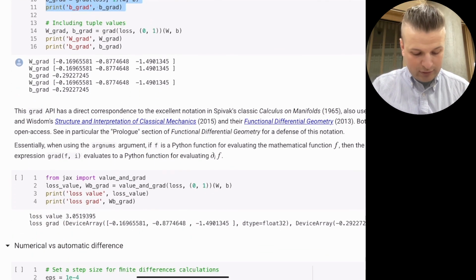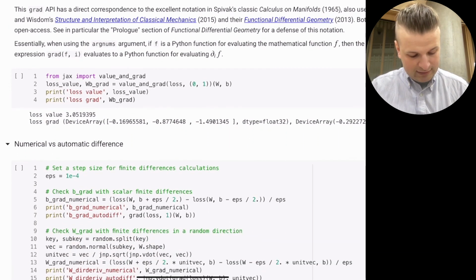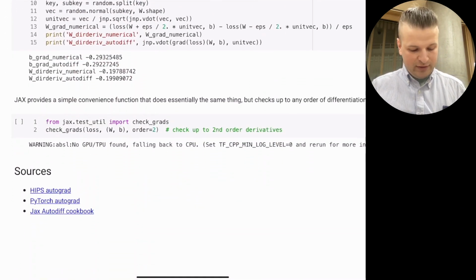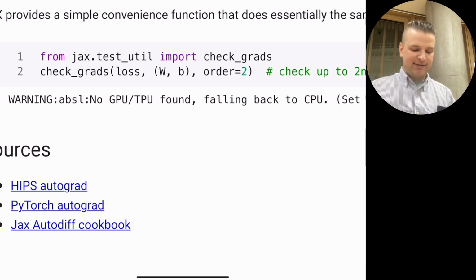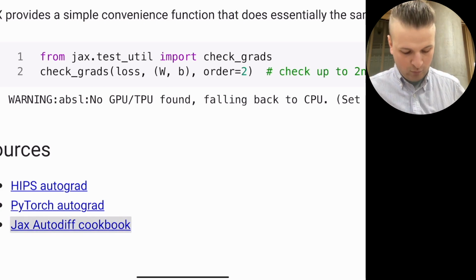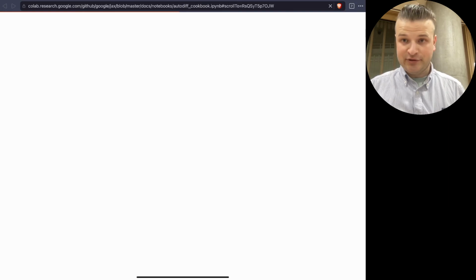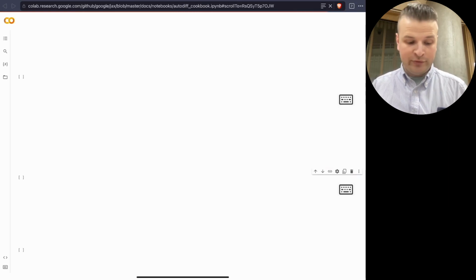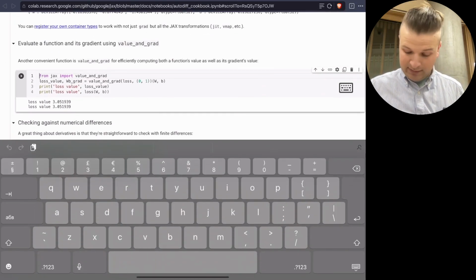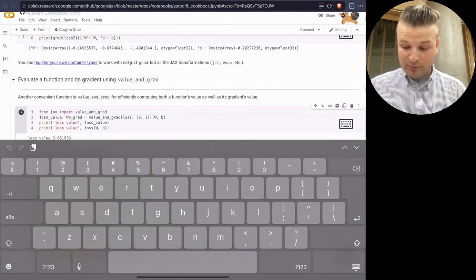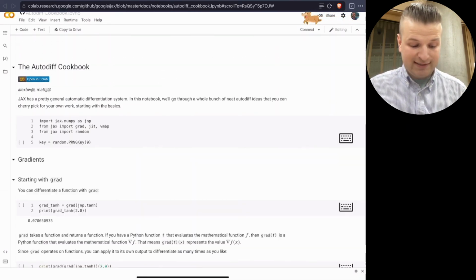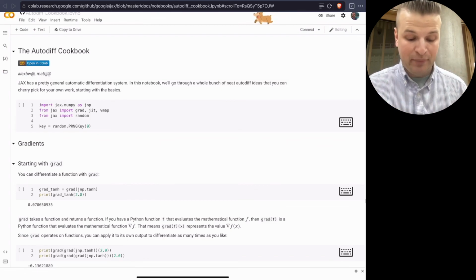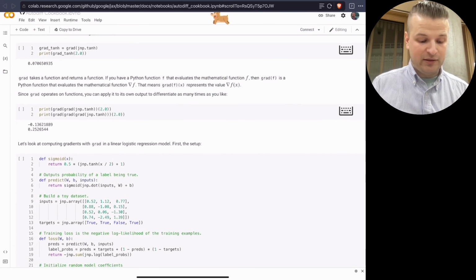And I recommend you take a look at this link, which is the JAX AutoDiff cookbook, which is pretty interesting reading on the automatic gradient examples, etc. It's actually pretty long, but it starts from the very beginning, from the very basics of automatic differentiation.